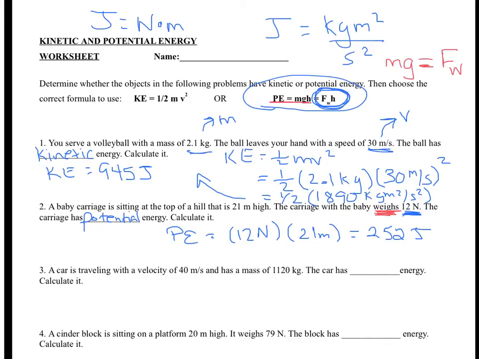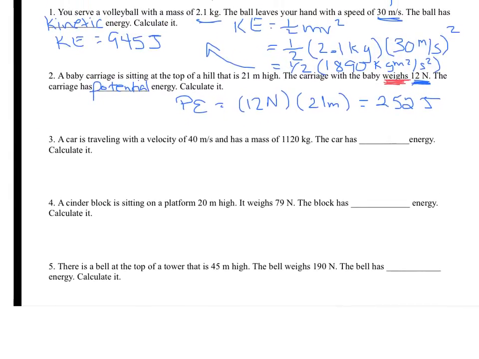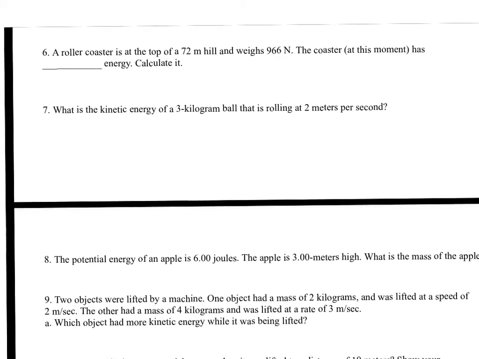All right, I'm going to let you work numbers 3, 4, and 5 on your own. So let's take a look at number 6. A roller coaster is at the top of the 72-meter hill and weighs 966 newtons. The coaster at this moment at the top of the hill has potential energy.